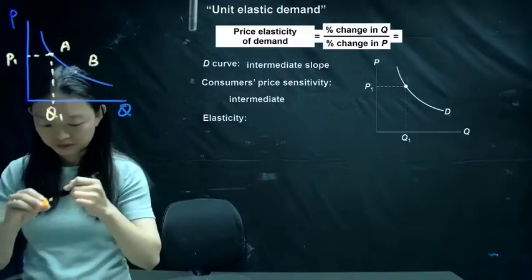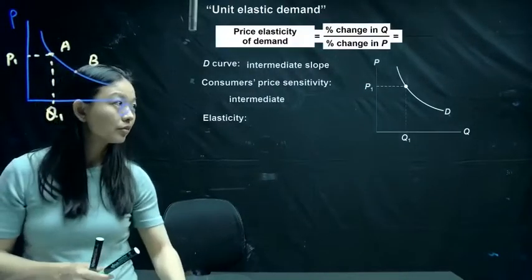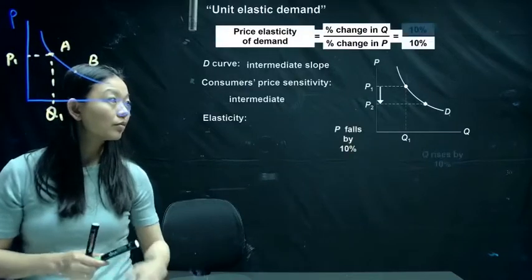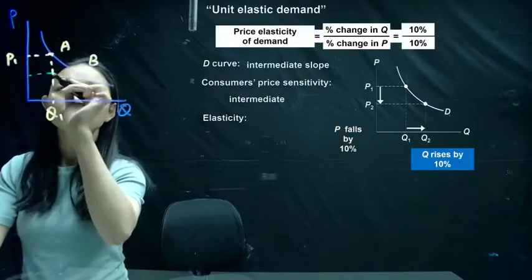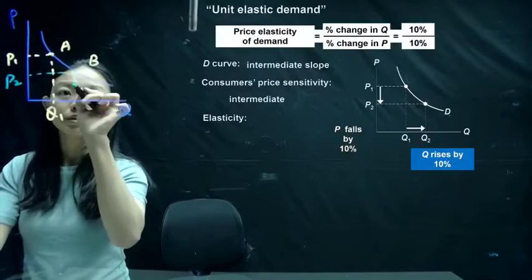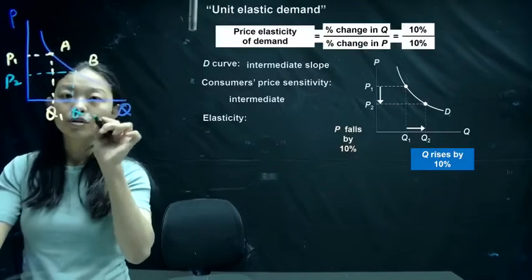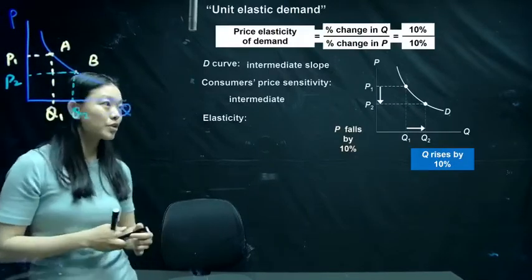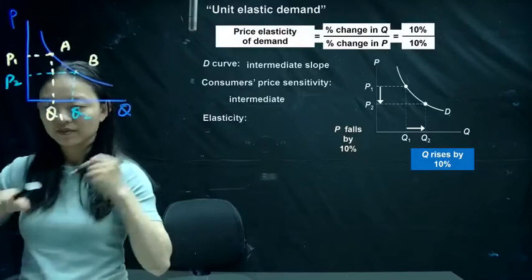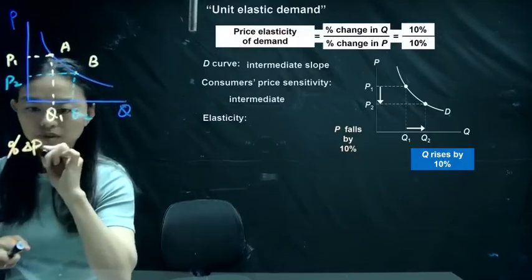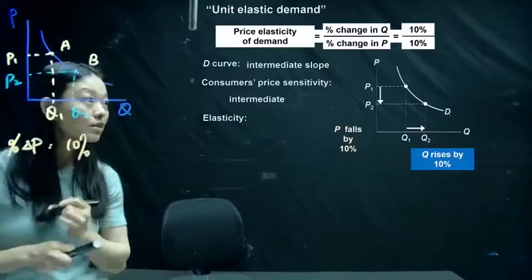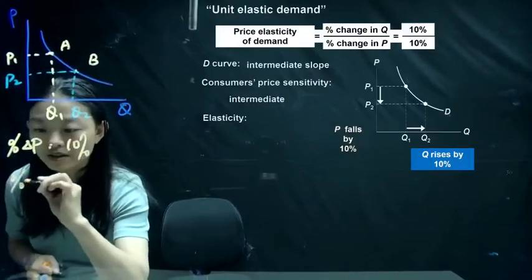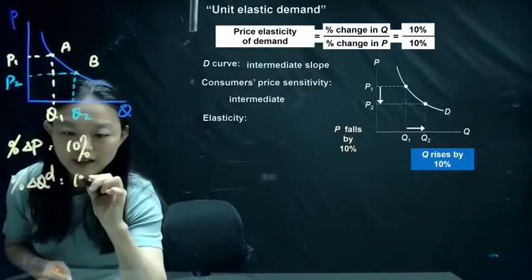Point B here, we have P2, Q2. So you can see in this case, we have the price decreased by 10% and quantity demand increased by 10%.